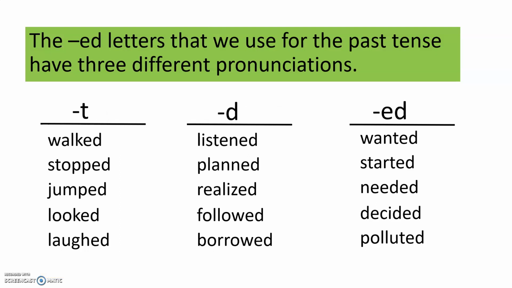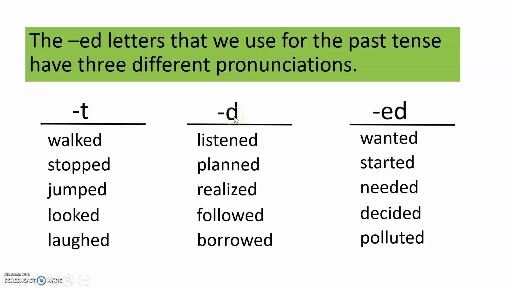Basically what you're hearing here is that in group 1, the letters ed, these letters at the end of the word, they sound like t. So that's why I say walked, stopped, jumped, looked. I hear t for this group. Now, this other group is just a little bit different.